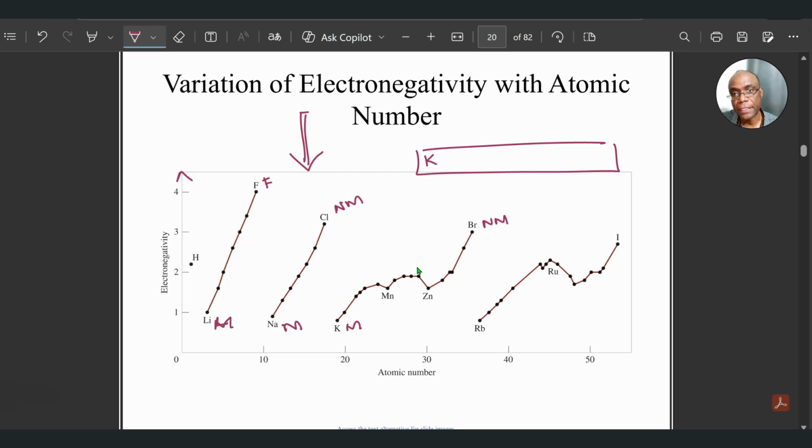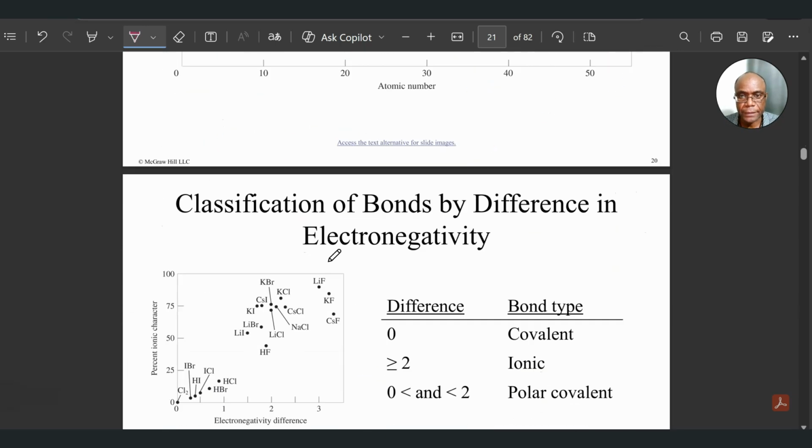So if K is here, bromine is there, I expect bromine to be more electronegative than potassium, the K. Again, iodine, the nonmetal, is in the same period as rubidium. Iodine is going to be more electronegative. So you're looking at the trends here, right?